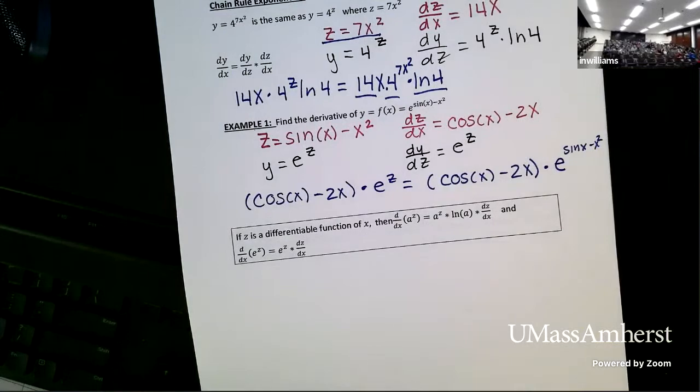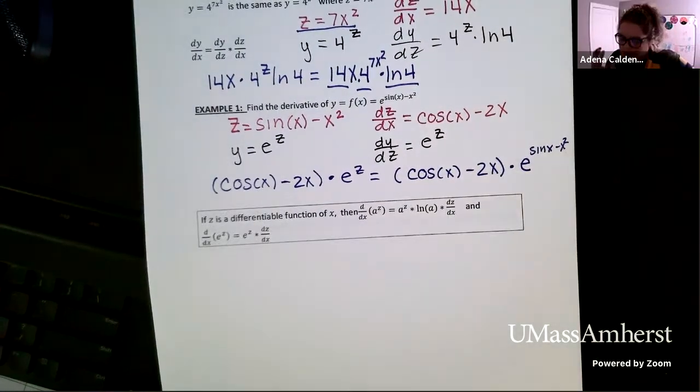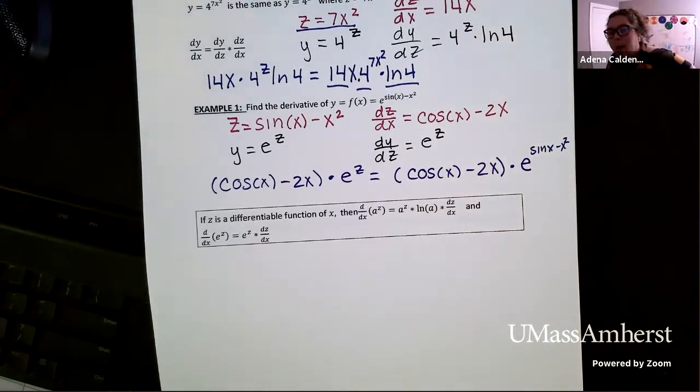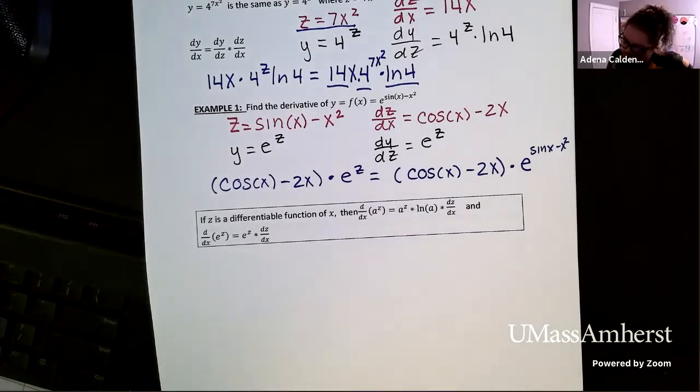Now, similar to the last one, we do have a little bit of a shortcut if we want to work through conceptually how we apply what we know about exponential derivatives to chain rule type of functions.